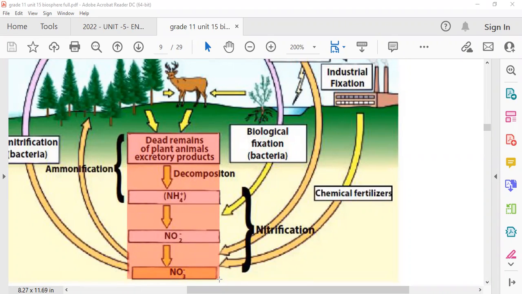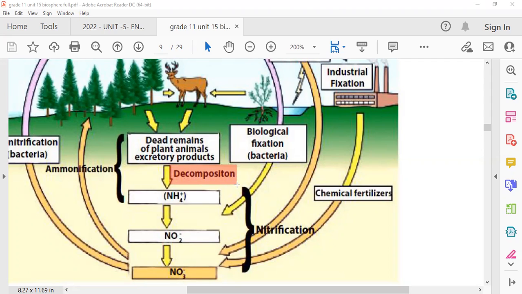Dead remains of plants and animals. After we die, after plants die, their bodies, the dead remains of plants and animals, and excretory products, which are not so common for plants but very common for animals, like animal urine and animal feces, are subjected to a process called decomposition.